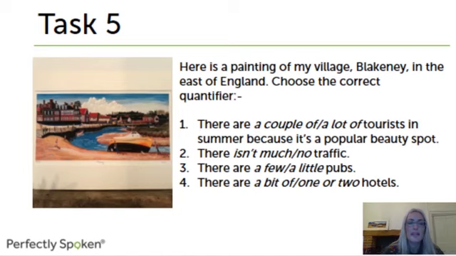Number 2, there isn't much or there isn't no traffic. Number 3, there are a few or a little pubs. And number 4, there are a bit of, or there are 1 or 2 hotels. What do you think?